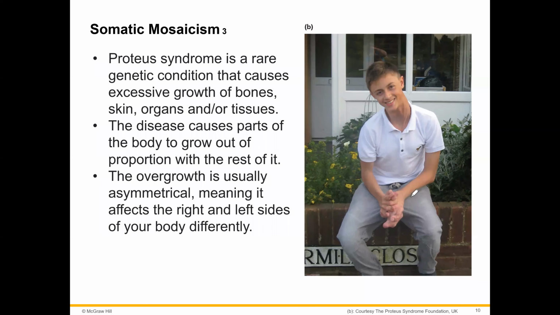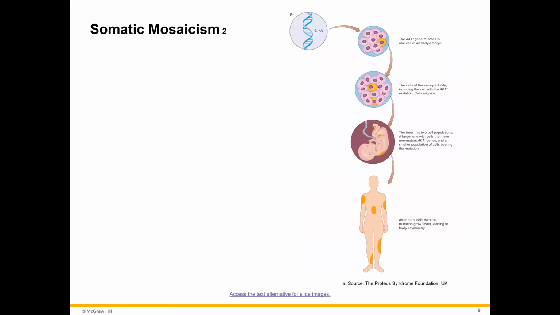And in this boy, you can see on the left side, his fingers are much larger. Also on the right side, his spine and bones of the right side are larger as well, which gives asymmetry to the body. Now, why did it happen? Why did not all of his bones and organs grow fast? Because that's a somatic mutation.